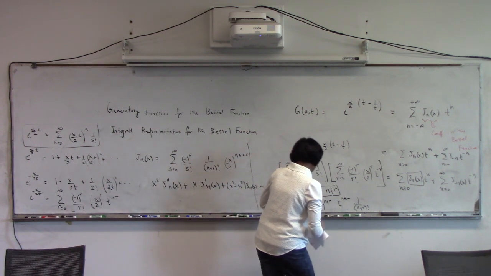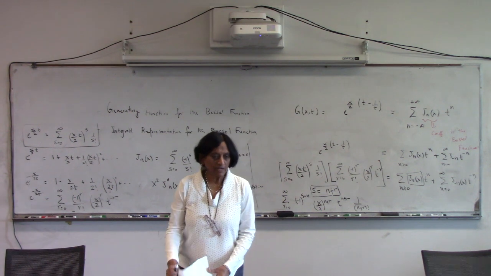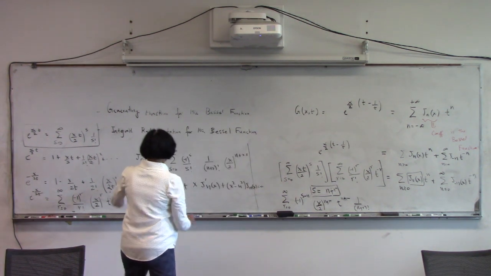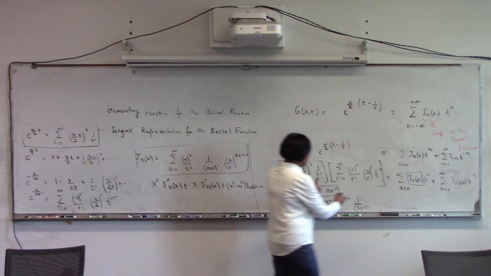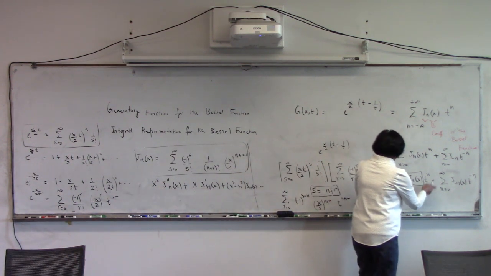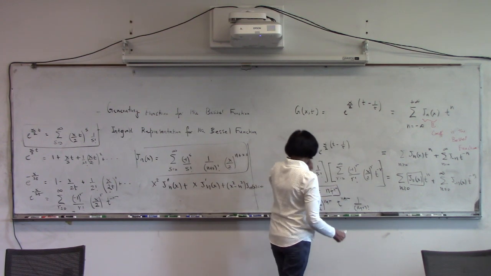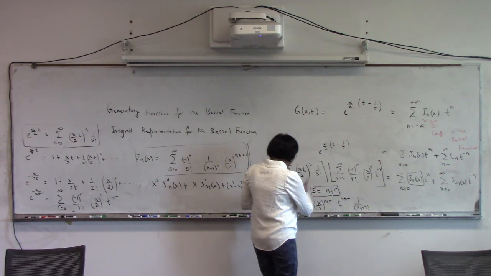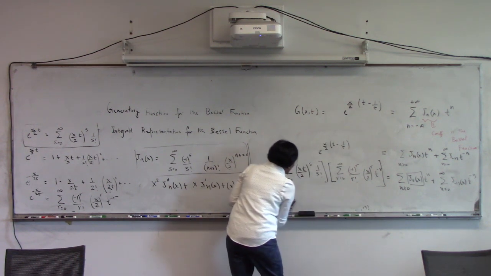Let's see what's happening. Basically, you are multiplying and then just writing a summation. I need to get this term, right? So what I'm trying to do is somehow have a term which looks like t to the power of n here. That's why I'm looking at one particular term. There are many terms in this; you're trying to separate them.